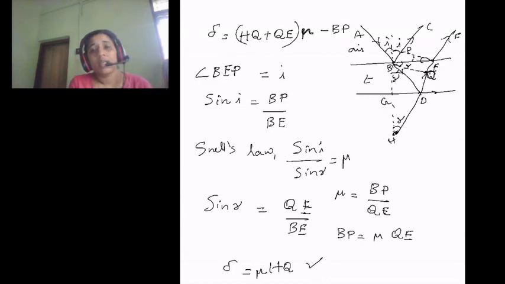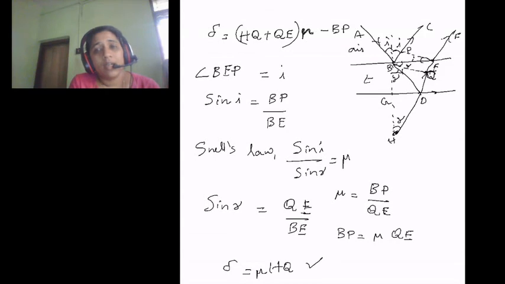You can see the triangle there, and in triangle BPE, that BEP angle is i, because angle of incidence is equal to angle of reflection. So when that angle is i, we can see that PBE angle is 90 minus i, and therefore that PEB angle is i. Therefore from that triangle we can say that sin i is equal to opposite by hypotenuse, BP by BE.